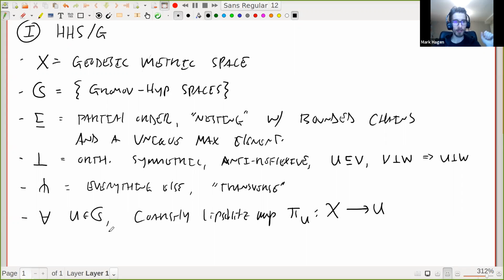But so that's sort of the data, and there's a bit that I've left out. In fact, I'll remind you about one more thing from the data. So if U is either properly nested inside of V, so nested but not equal to V, or U is transverse to V, so they're unrelated in the nesting or the orthogonality, we have a distinguished point, which I'll call rho super U sub V inside of V. I think of this as a constant map from the superscript to the subscript.